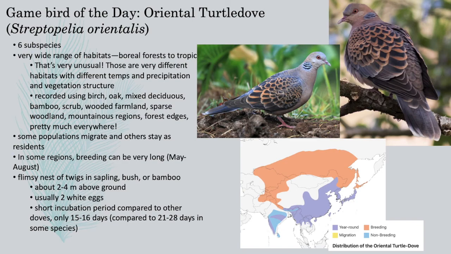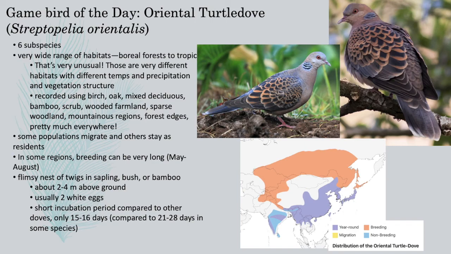Like most other pigeons and doves in this family, they build a pretty crappy nest. It's a loose, flimsy nest of twigs stacked into a small platform, and they usually nest about 2 to 4 meters above the ground. They'll choose some sort of sapling or shrub or even bamboo to build their nest in. They lay 2 white eggs, like most doves and pigeons. They only lay 2, and sometimes they'll only lay 1.